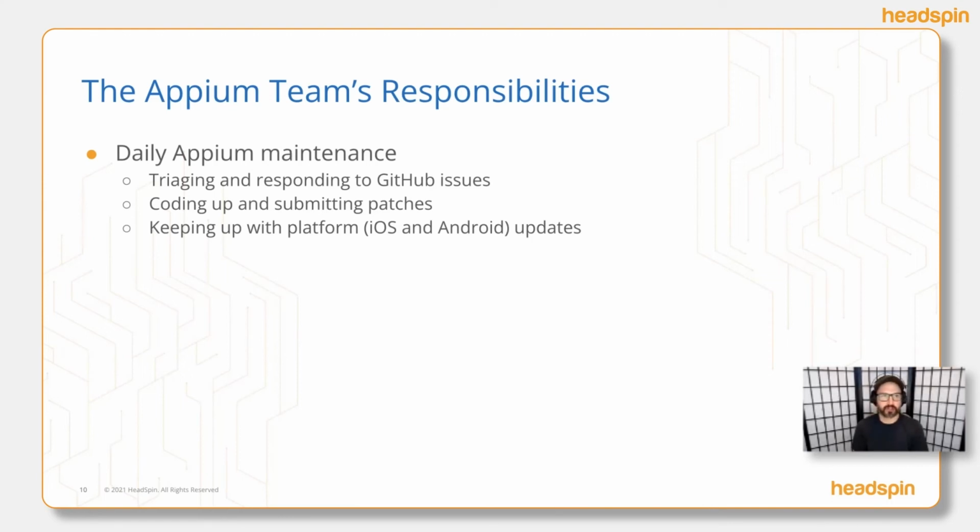So there are new versions of iOS and Android. They're always coming out. iOS and Android don't support Appium officially, right? So they're quite happy to make changes to their tooling and their internal methods and things like that can break Appium's iOS and Android drivers.